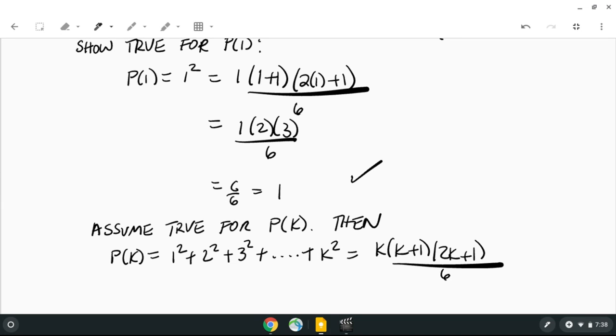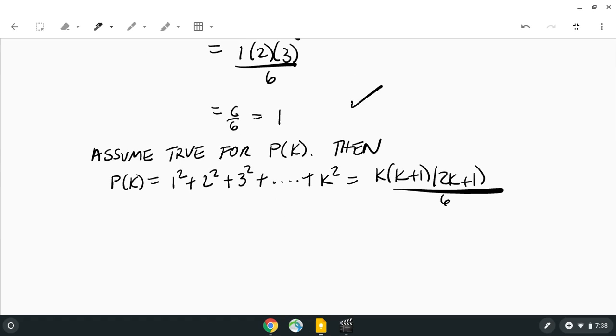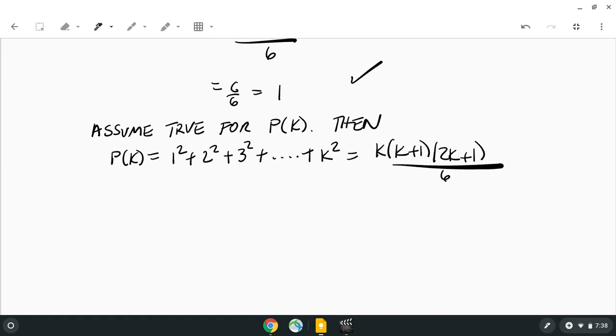And now we have to show, or prove, that it's true for k plus 1.